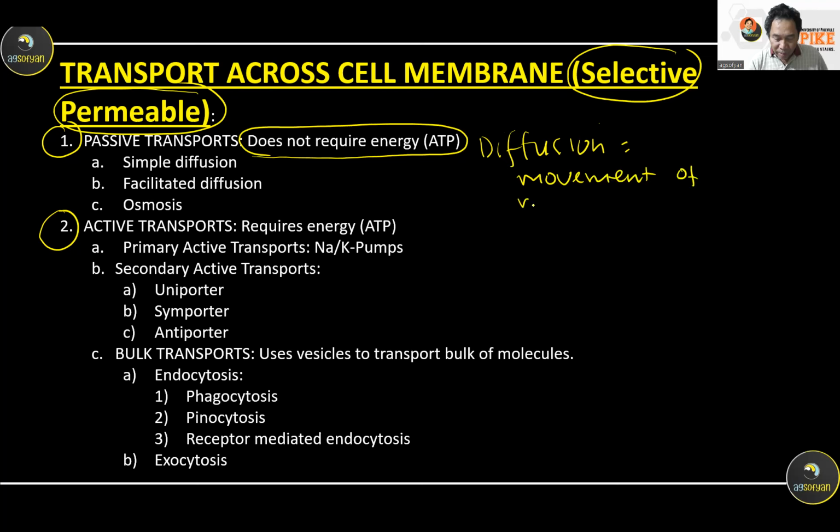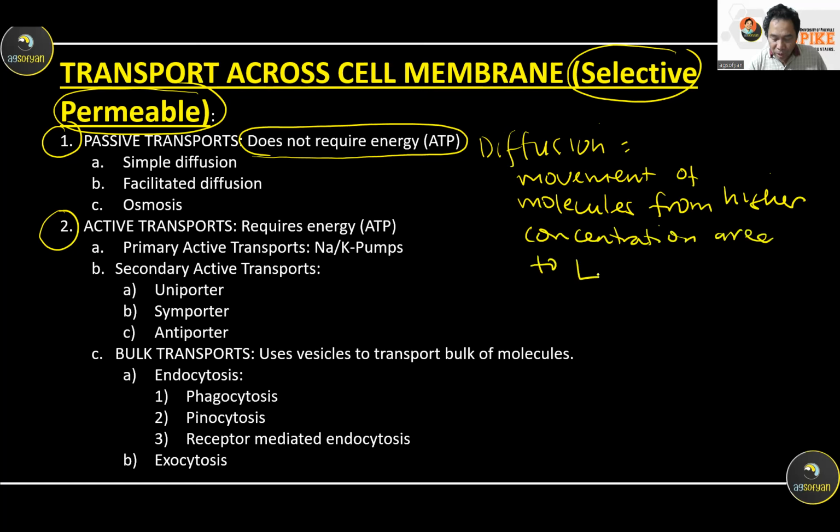Diffusion is the movement of molecules from higher concentration area to lower concentration area.